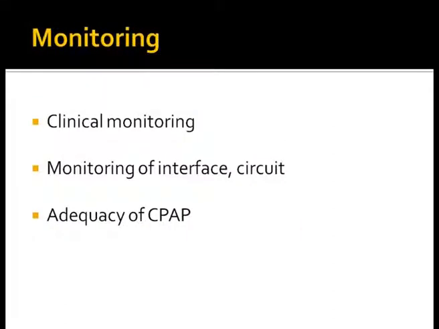Success of CPAP depends on achieving desired CPAP and then subsequently maintaining that level of pressure. Monitoring of the clinical condition, patient interface and circuit is important in maintaining CPAP at the desired level.